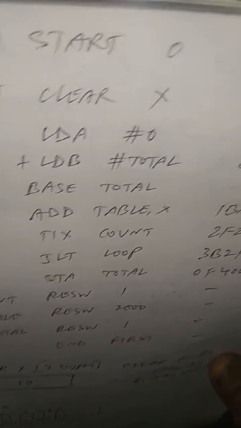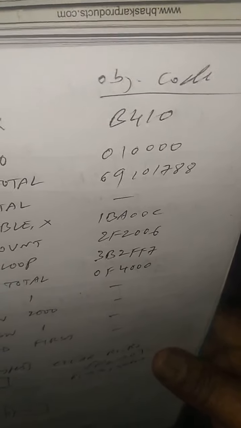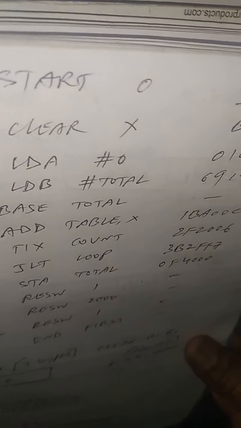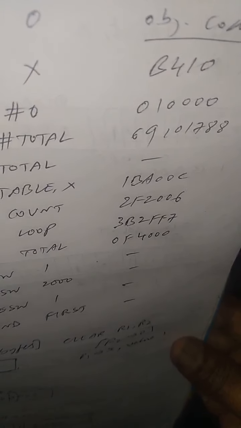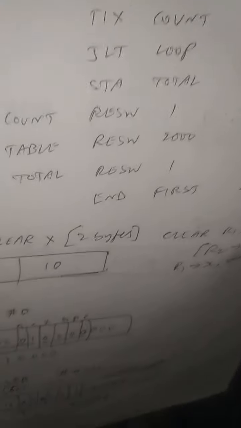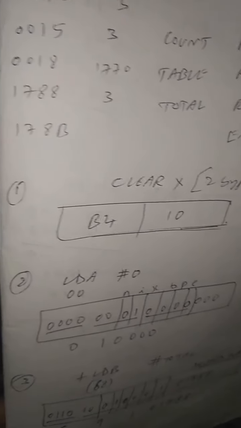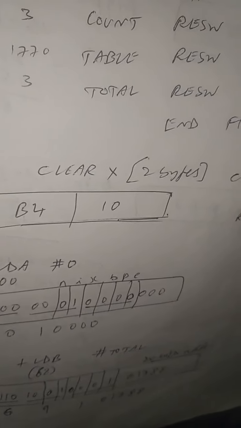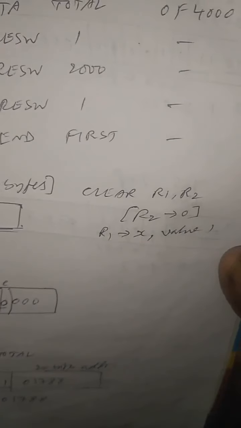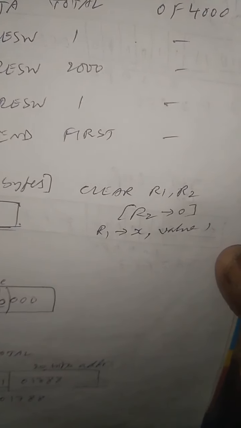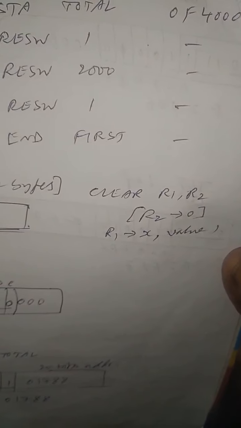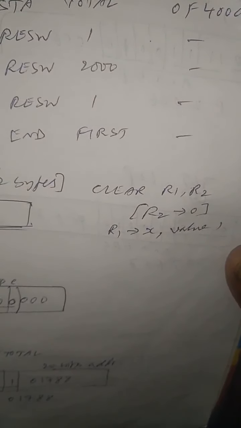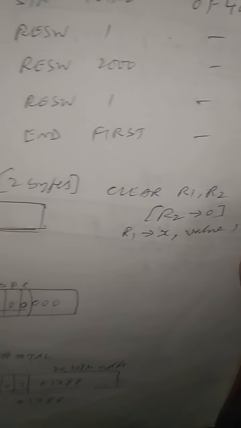Now we'll see how to generate the object code for each and every instruction. CLEAR X is the first statement, which is B410. How do we get B410? The first one is CLEAR X. It is actually CLEAR R1, R2, but R2 is not given, only R1 is given, which is X, whose value is 1.